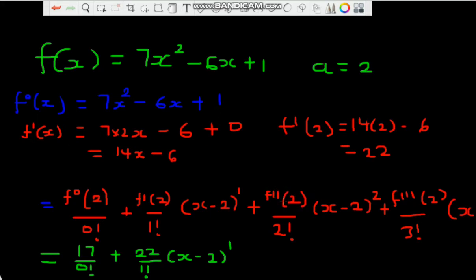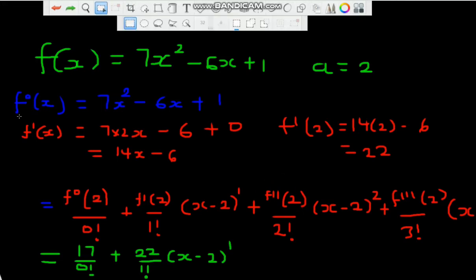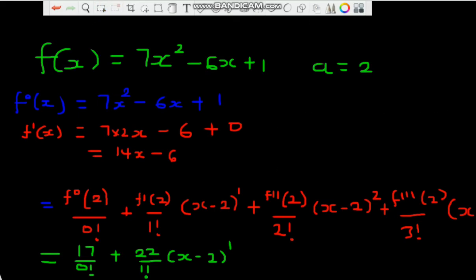Okay, so now let's find the second derivative also, so that you can get what we have at the top here. After the first derivative, we got 14x minus 6. So now I'm going to take the second derivative using this function.